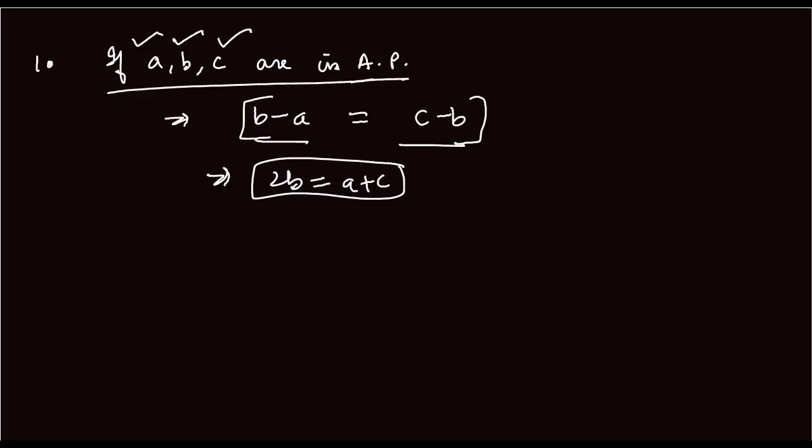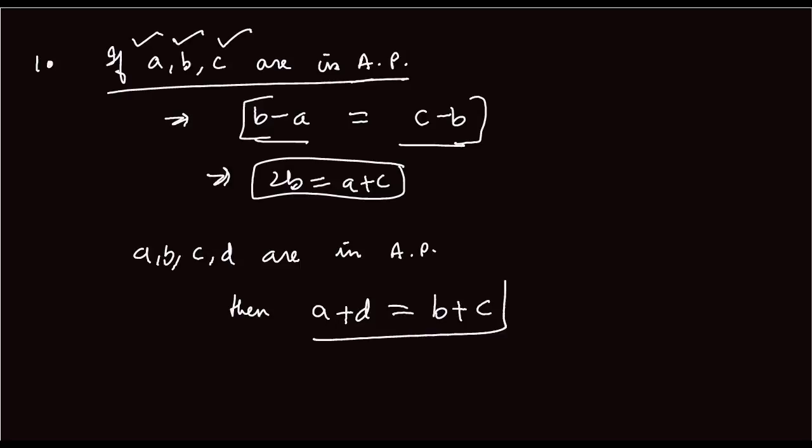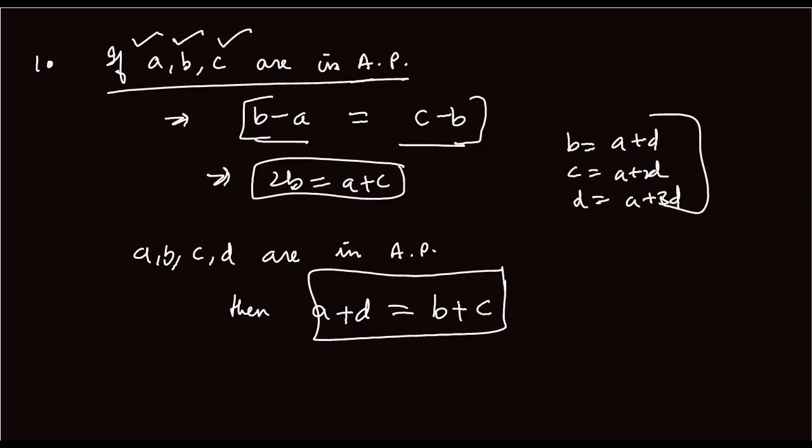And if A, B, C, D are in AP, then A plus D will always be equal to B plus C. This is the theorem, because you can write B as A plus D', C as A plus 2D', and D as A plus 3D'.